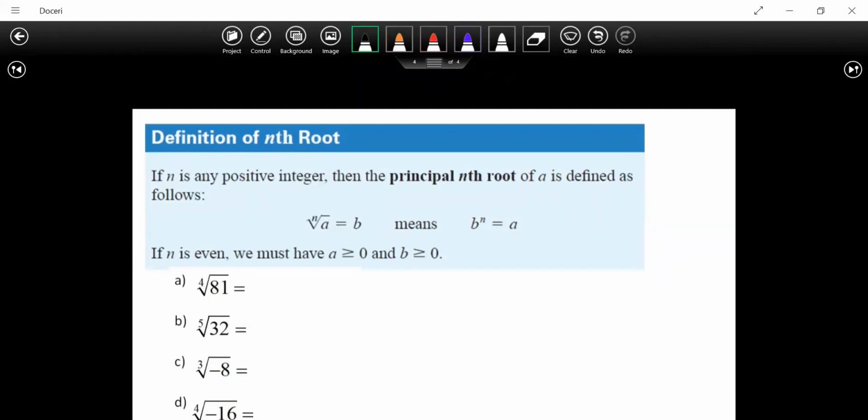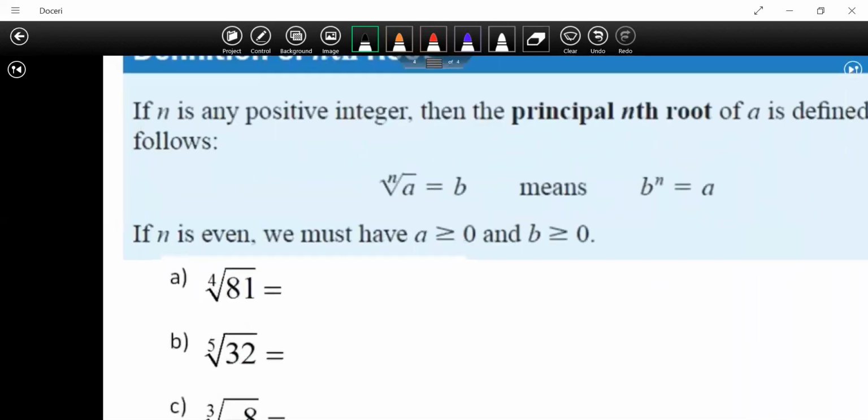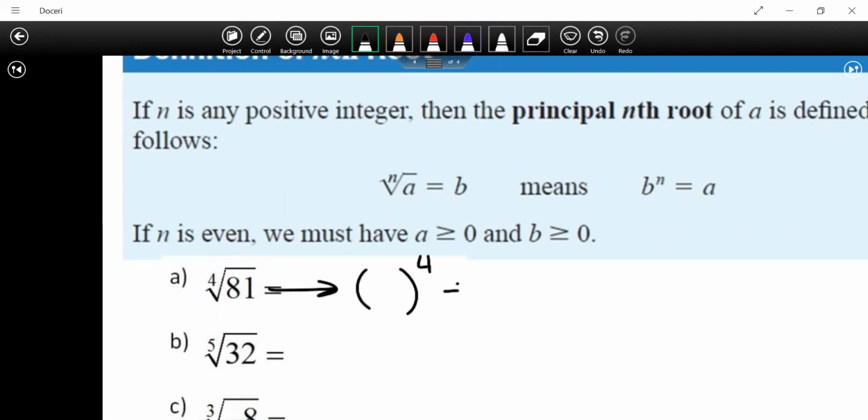I like to write them a little bit differently just because I'm a visual guy and exponents are a little bit easier. What I would do with this first one is convert this to what number can be raised to the 4th power to give you 81. What do we got? 3. So your solution to the 4th root of 81 is just 3.